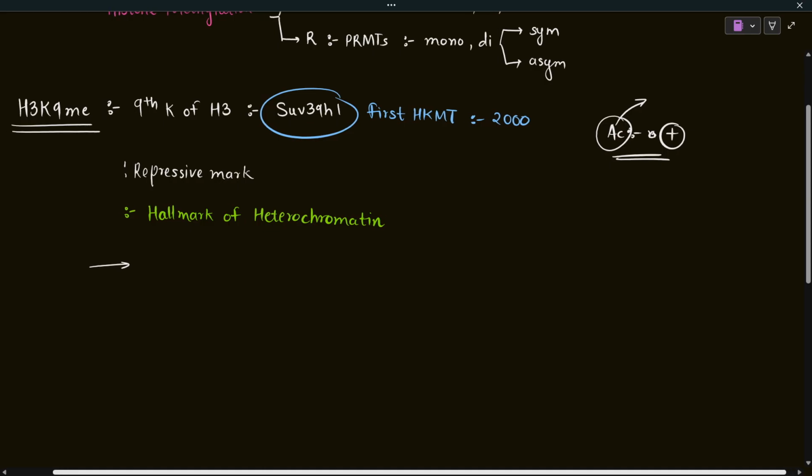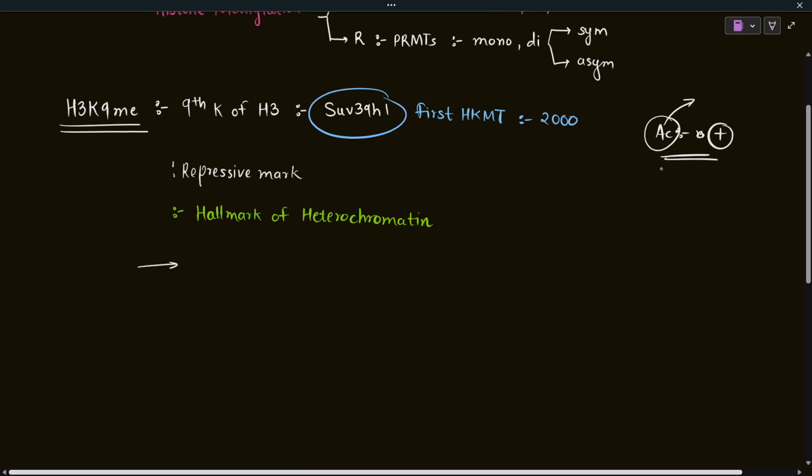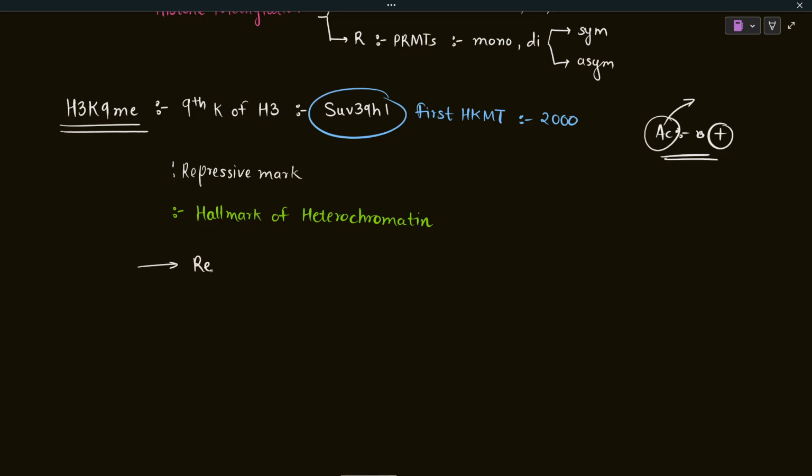But unlike acetylation, histone methylation, and specifically H3K9 methylation, doesn't directly change the chromatin environment or the conformation of histones. It actually acts as a recruitment signal.